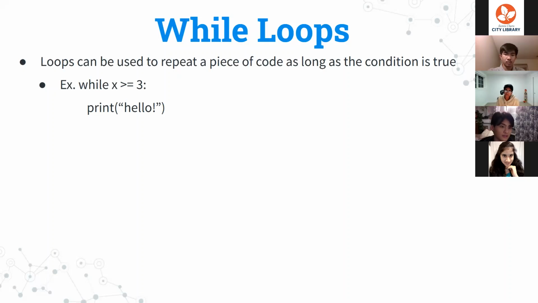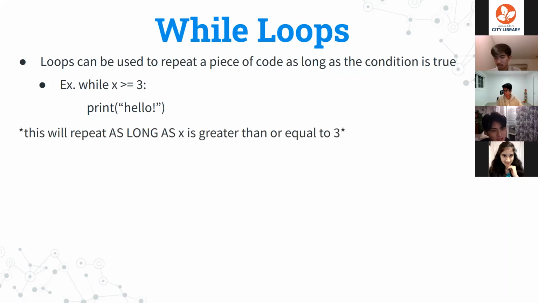And of course, you could have something in your program that would keep incrementing x upwards until it reaches 3, and then the while loop would break. And keep in mind that with loops, you must have a colon at the end of the condition to signify where the condition stops and the code you want to repeat starts.